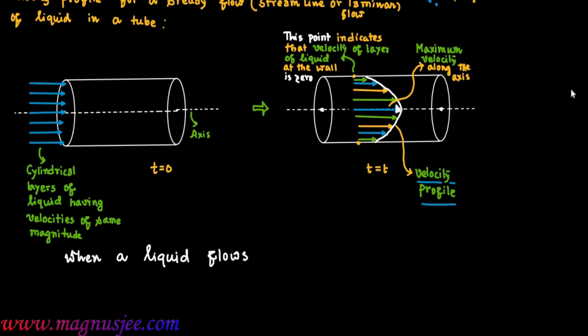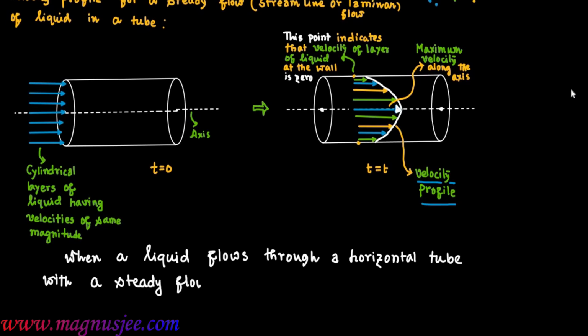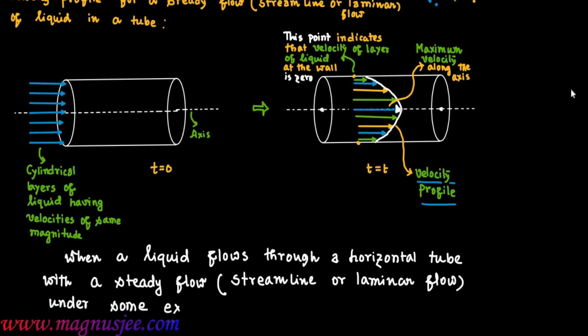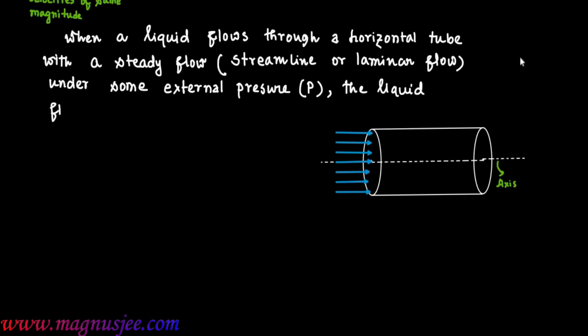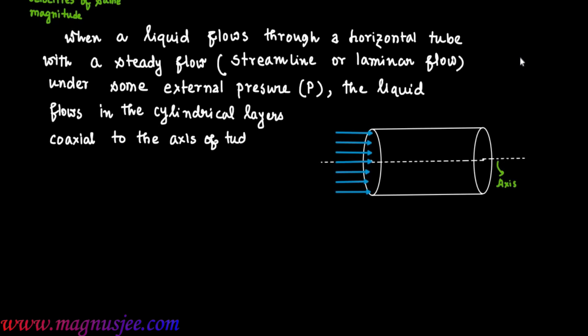When a liquid flows through a horizontal tube with a steady flow, that means streamline, that is laminar flow, under some external pressure difference acting across the tube, the liquid flows in the form of cylindrical layers coaxial to the axis of the tube.